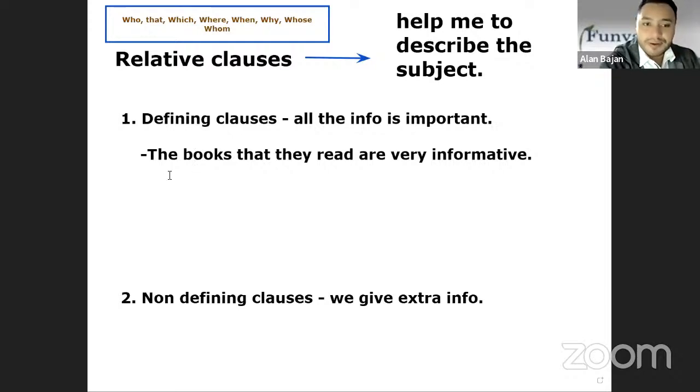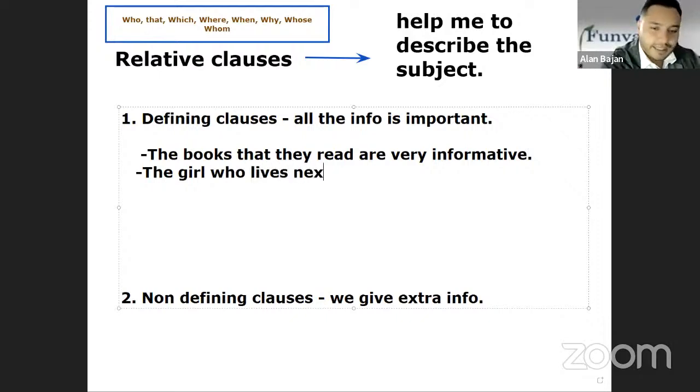Then remember that in defining clauses, we can't miss any information. The books that they read are very important. I can't omit any information. So I will give you another example. The girl who lives next door plays the guitar.